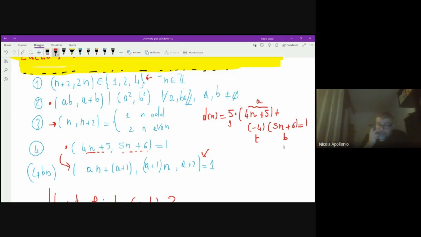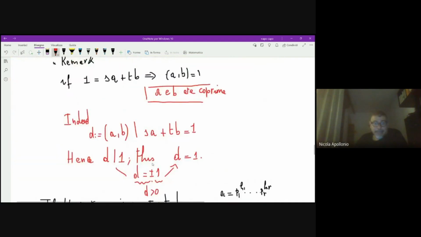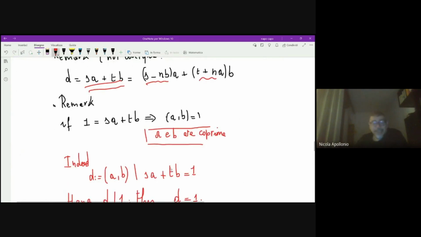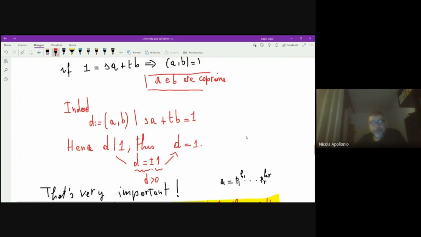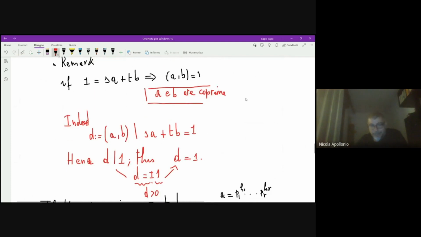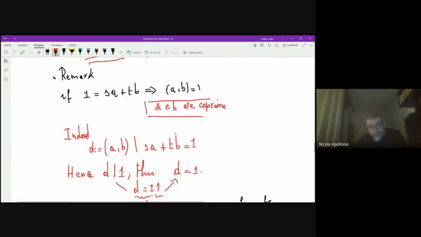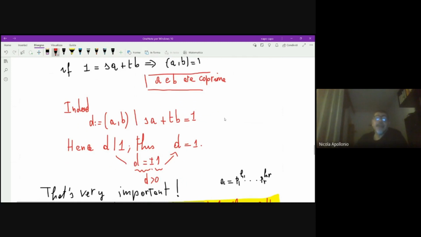We are done because we have found a linear combination which is 1. This is a clearly stated remark. If you don't believe in the remark, you prove the statement trying to do that without looking at the solution.